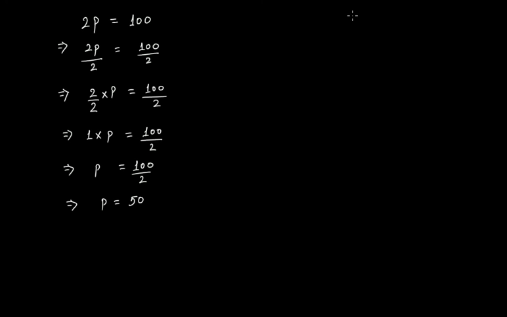Now let's take division. If it is p divided by 5, let's say it is equal to 100. Okay, if I have to solve for p, then I multiply both the sides by 5. Then this will become p times 5 divided by 5, equal to 100 times 5.